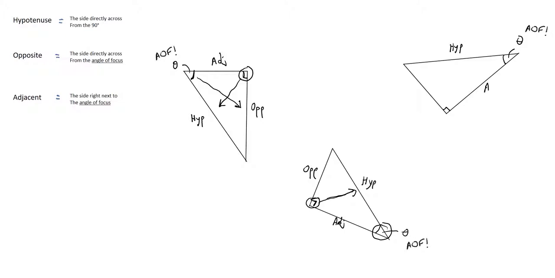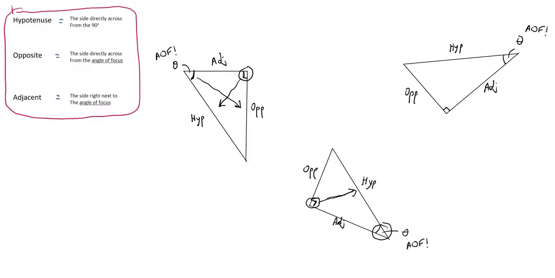Here's my adjacent, right next to that angle of focus, and here's my opposite, across from the angle of focus. So make sure you memorize these terms and really have them ingrained in your head, because they form the basis of the conversation we're going to have in the next video, which really gets deep into the essence of trigonometry and why it's so useful in so many aspects of engineering.